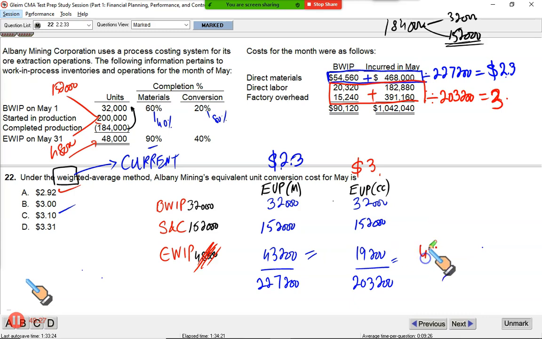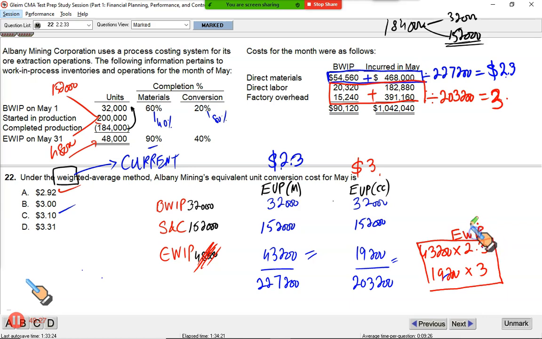There are 43,200 equivalent units of material to be valued at the rate of 2.3 for ending work in process. There are 19,200 EUPs of conversion cost in ending work in process to be valued at the rate of 3. So 19,200 multiplied by 3.